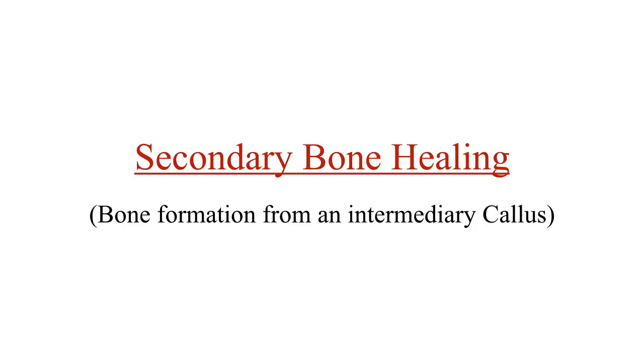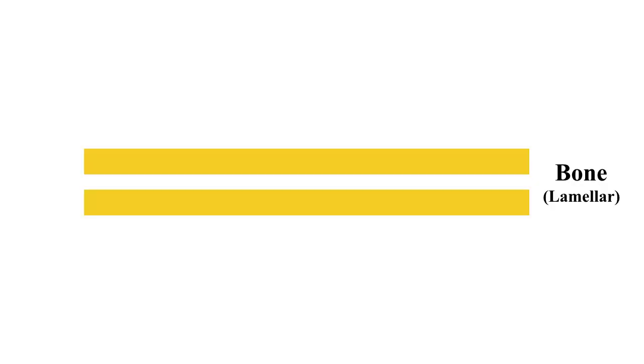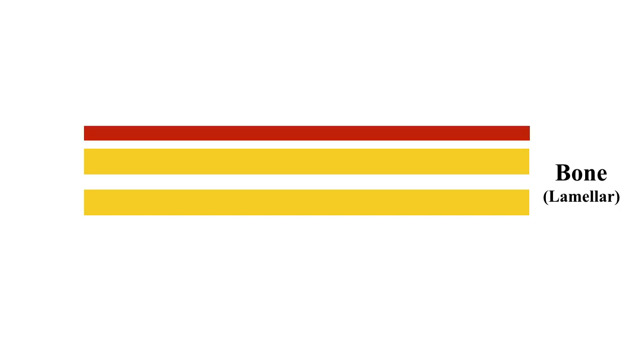Now coming to secondary bone healing, where bone formation in the fracture gap occurs from an intermediary callus formation. Now take this bone for example. This is a normal tubular extremity bone with the yellow cortex and the white medulla. This red line is the periosteal blood vessel which is present in the periosteum.